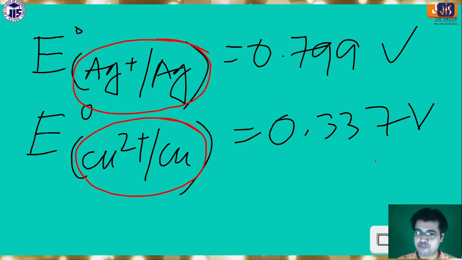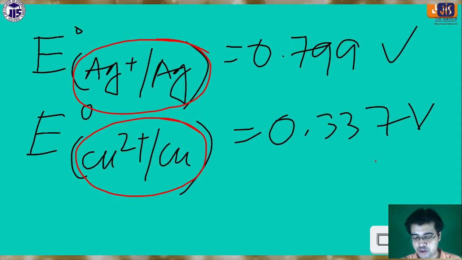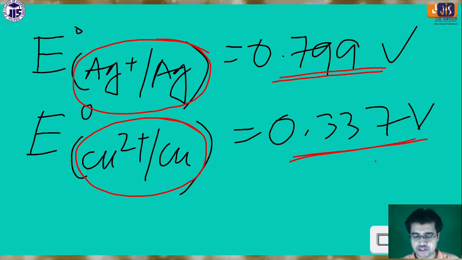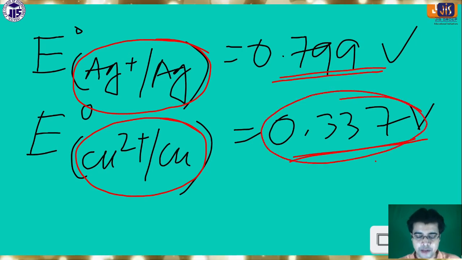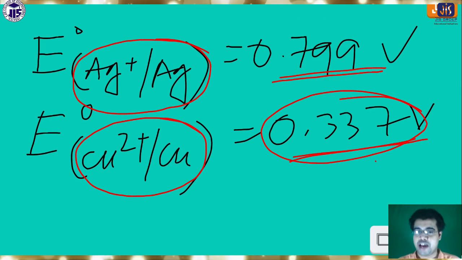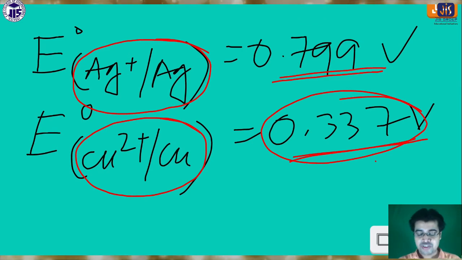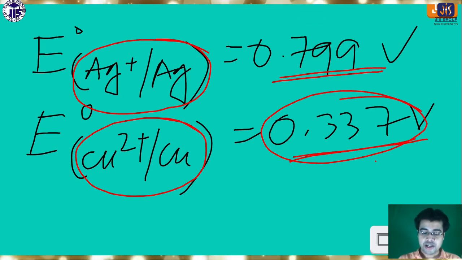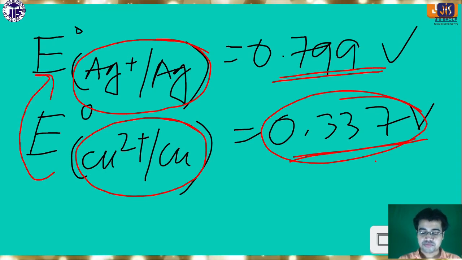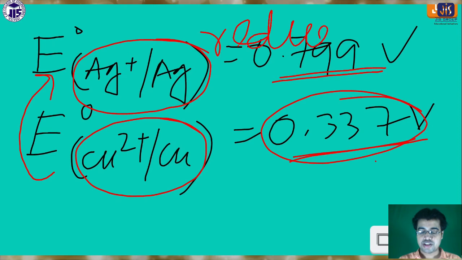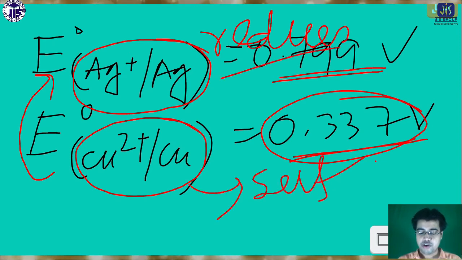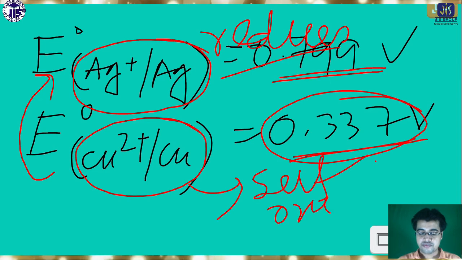Now check which has the lower reduction potential, 0.799 or 0.337. Obviously 0.337 is lower, so copper has the lower reduction potential. So according to the statement I told, copper reduces silver. So here reduction occurs at silver, and copper will be self-oxidized.